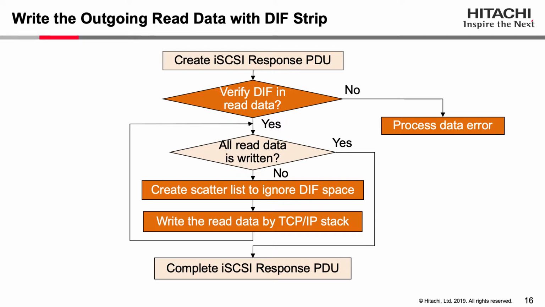So we set up the SGL to read data blocks 0 and 1 first, but the actual read can get block 0 and only half of block 1. In this case, we generate DIF only for block 0. And to do the second read, we prepare the SGL to read the remaining data into block 1.